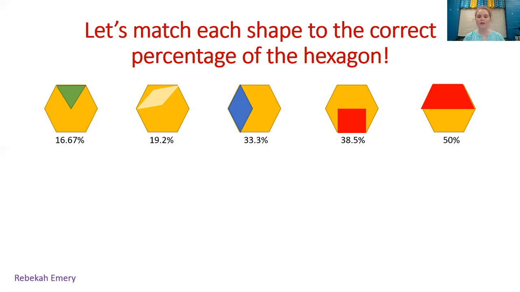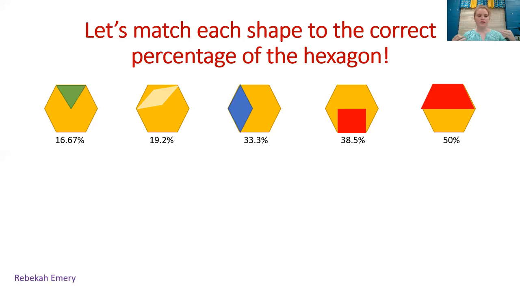So to get the whole, I would just multiply 33.3 times 3 to get 100%. And obviously 50%, I could fit another red trapezoid in that hexagon and to get 100%. To solve that, I could either say 50 plus 50 to get 100, or I could say 50 times 2 to get 100, but whichever is easier for you.